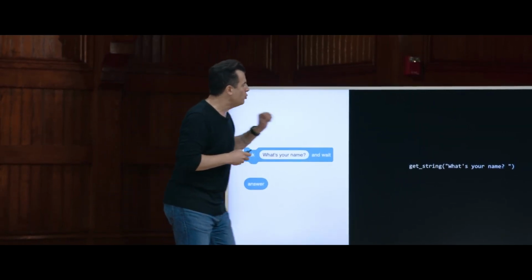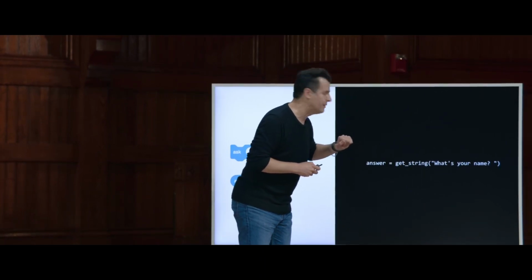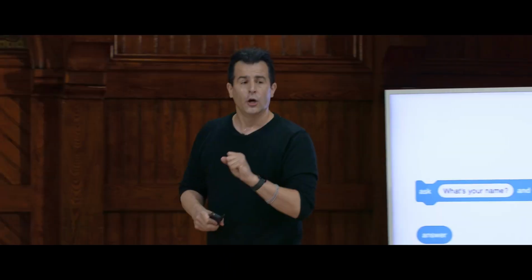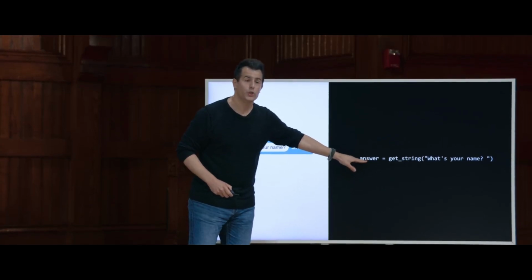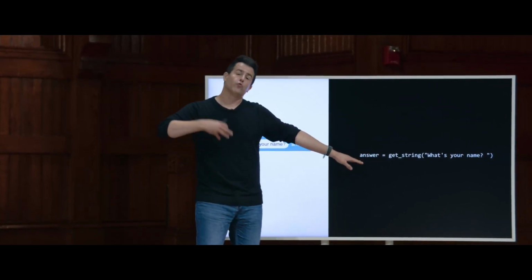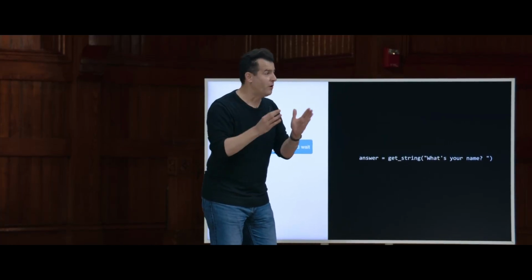But what do I do with the answer that comes back from getString? This is where the text is going to look different today. In C, you start to use an equal sign from left to right, respectively. And on the left, you put the name of the variable in which you want to store that return value. So a return value is kind of a conceptual thing. You can do with it what you want.